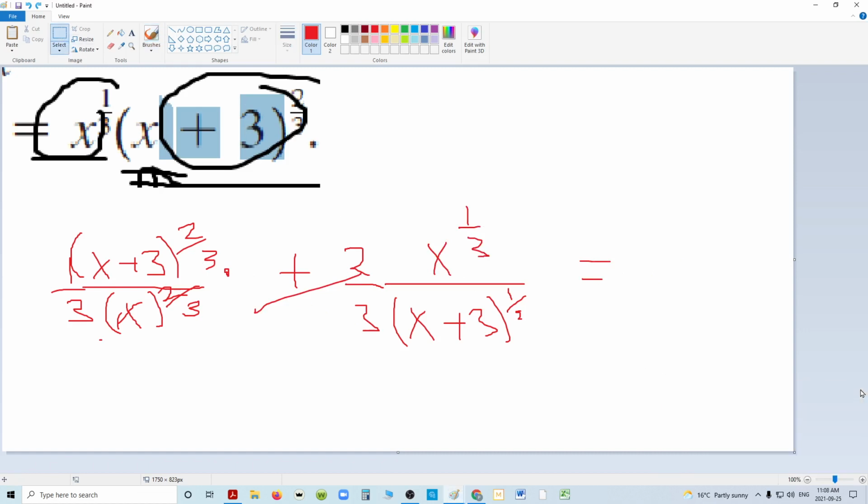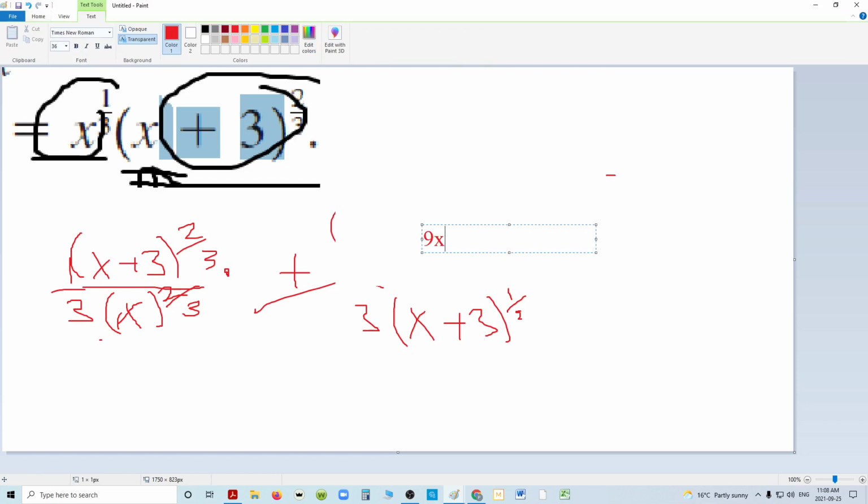So let's do that. When I cross multiply, I get 3x cubed times 3x to the 2/3, and that becomes 9, and they have the same base, 1/3 plus 2/3, x, 9x. So this becomes 9x.